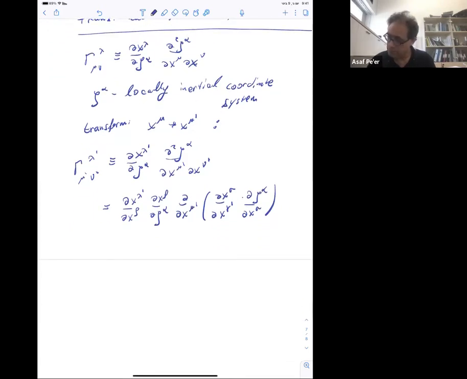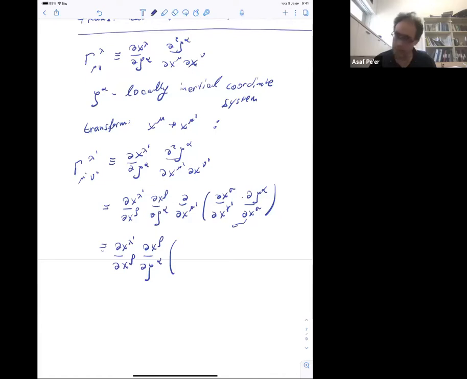So this is dx lambda prime over dx rho, dx rho over d psi alpha, times, now again I have to take the derivative here, so I have two terms here. So again, I'm going to use the second term first.